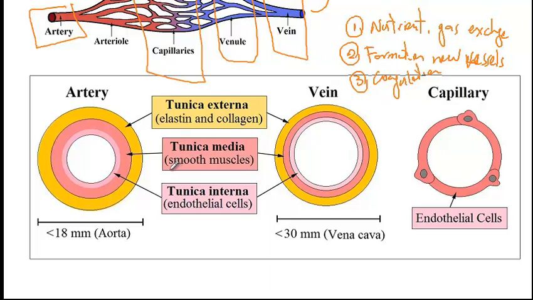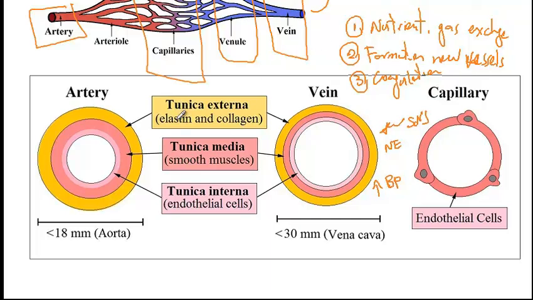The second layer is the tunica media, which contains the smooth muscles, and these smooth muscles are under the control of the autonomic nervous system, like for instance the sympathetic or parasympathetic nervous system, as a consequence of which the SNS can act on the smooth muscles via the norepinephrine neurotransmitter that is released by the SNS and cause contraction of the smooth muscles, as a consequence of which the diameter of the vascular lumen will decrease, and so therefore blood pressure will increase by activation of the sympathetic nervous system.